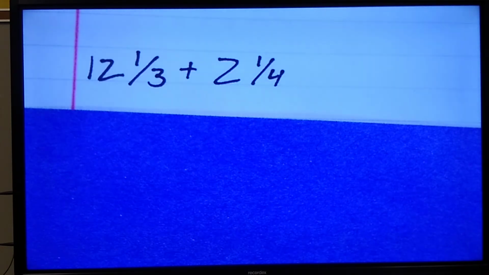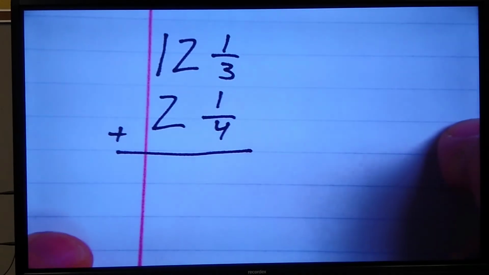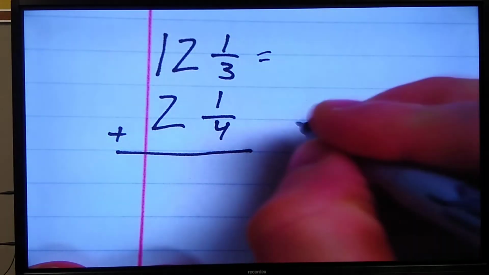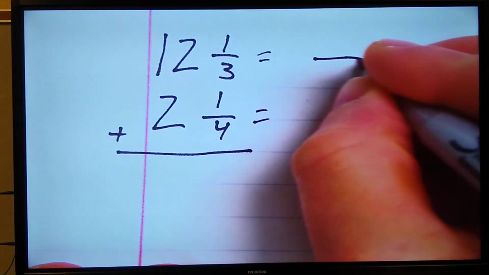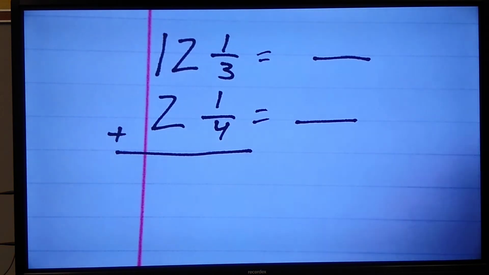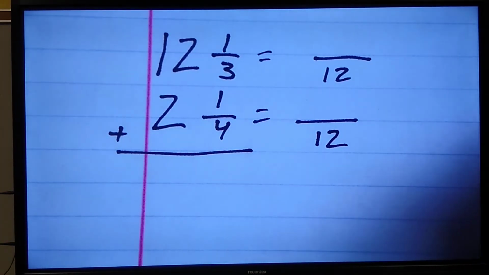All right, let's see how good you did. All right, 12 1/3 plus 2 1/4. We must first find the least common denominator, and you should have gotten 12 for that.